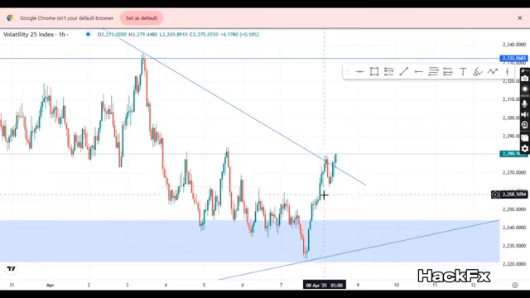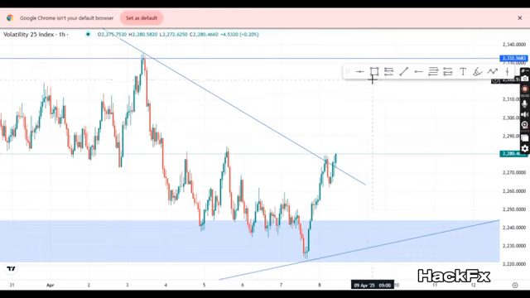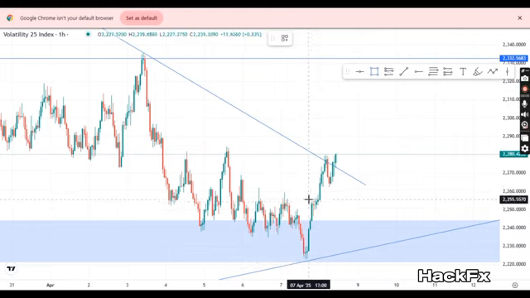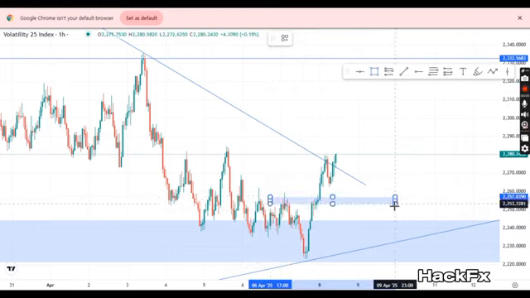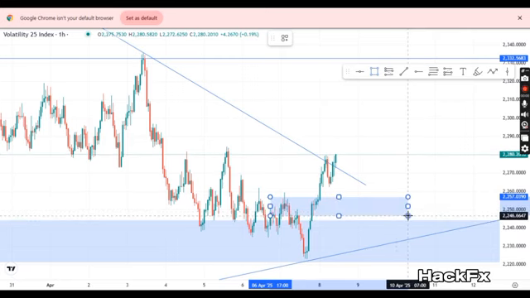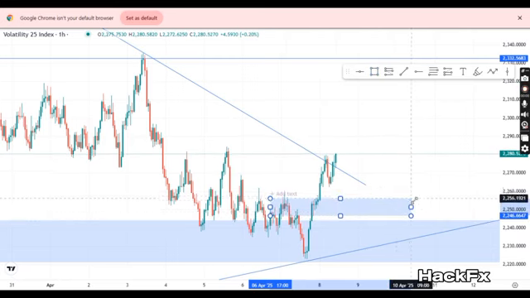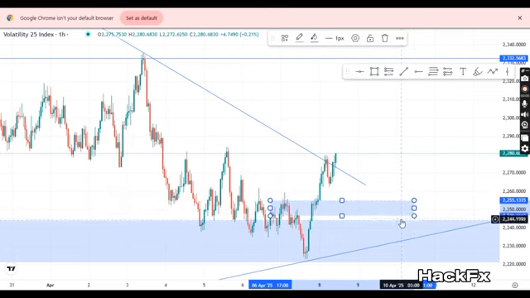Now we need to wait for another entry. So our possible entries now will be, the second one should be here. If and only if price will come back here, wait for it here. Wait for price there.